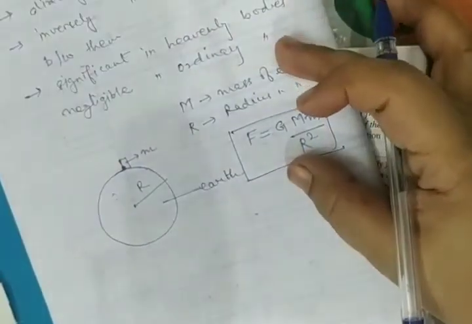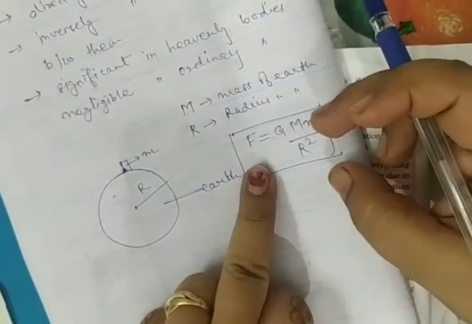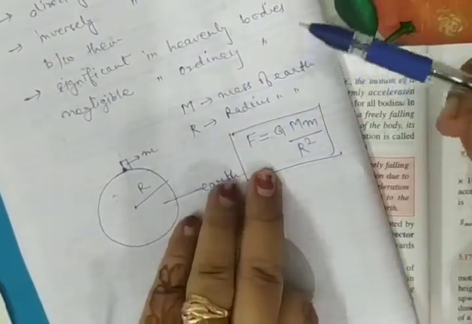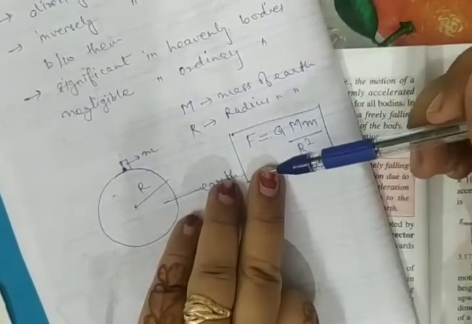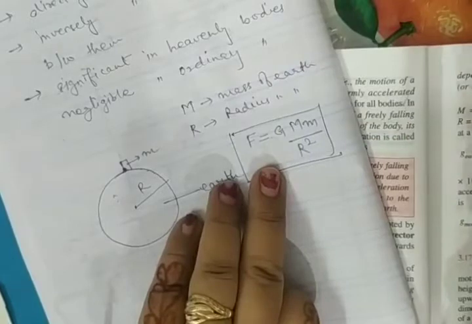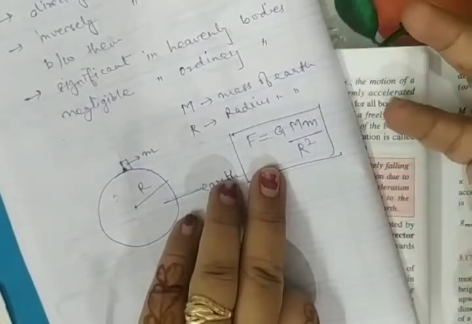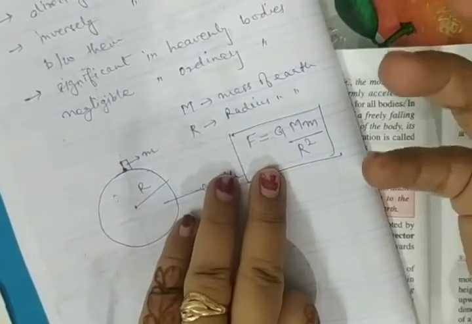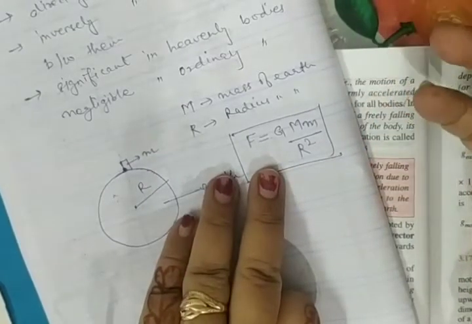But see, the Earth will attract the object with this force, and in the same way the object will also be attracting the Earth with this force only. But because Earth is so heavy, it is not movable, and the object is free to move. That is why we can see the force only on the object, right?